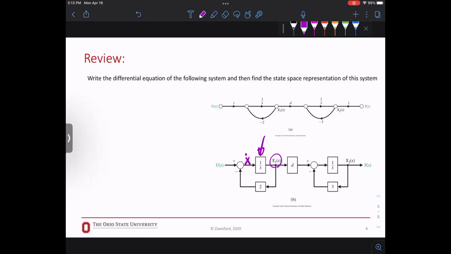So to write the differential equation, your goal, so you're going to write the state space representation, right? So your goal is to find what x dot 1 is, what x dot 2 is. Because from there, you can write your state space representation.